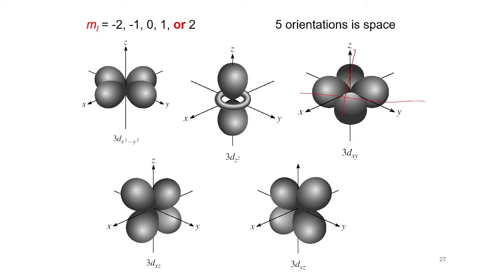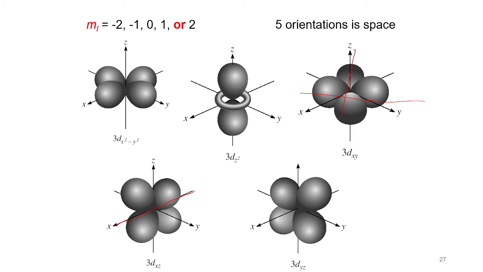Also, we have xz, which is located in the plane of X and Z, but not on the axis. By not on the axis, hindi mismo ron sa arrow. And also we have the one located in YZ, or in the planes of YZ, not on the Y and Z axis itself.